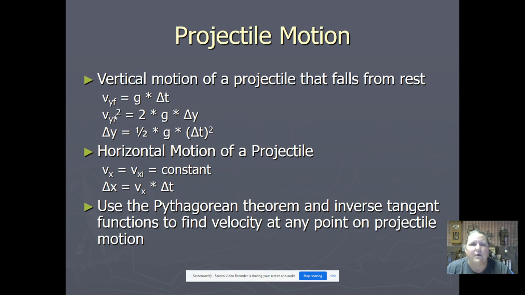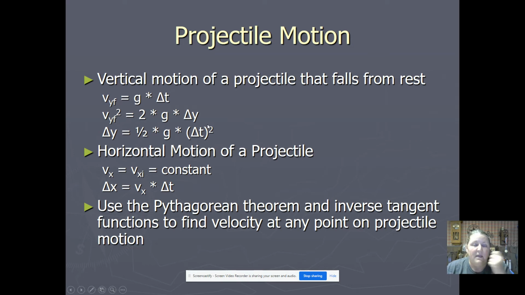It's 2 times g times the height. And if you're looking for the height that something fell from, it's 1/2 times g times delta t squared. Delta t is how long it took.